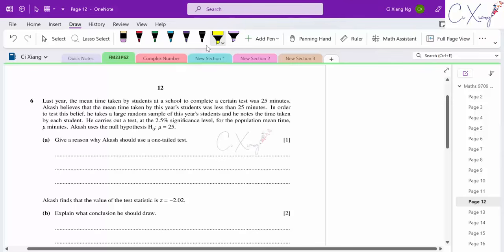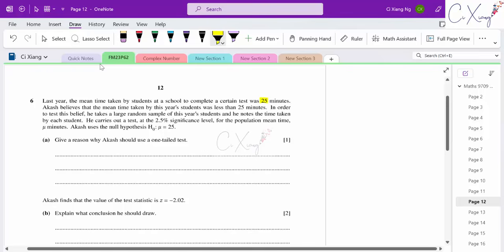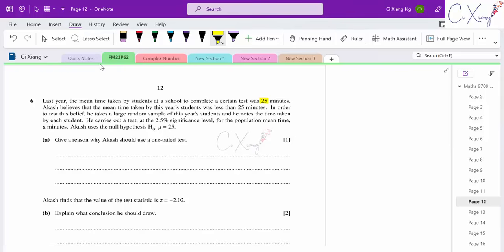Right, so this is the last question for this paper, question number 6. Last year, the mean time taken by students at a school to complete a certain test was 25 minutes. And then Akash believed that the mean time taken by this year's students was less than 25 minutes. Okay, so the keyword less than helps us to form the alternative hypothesis basically.